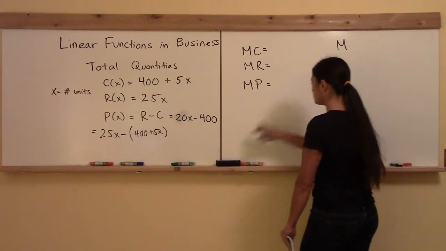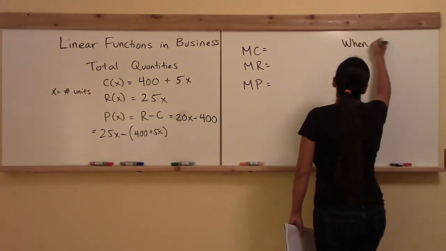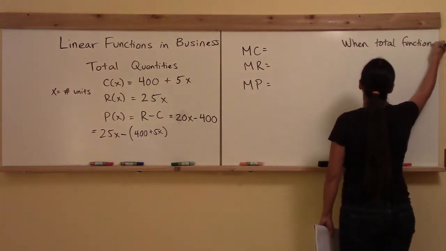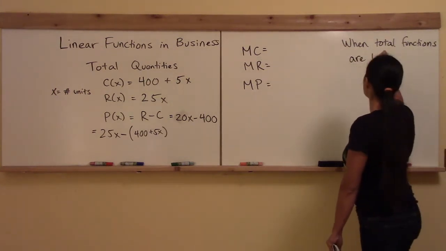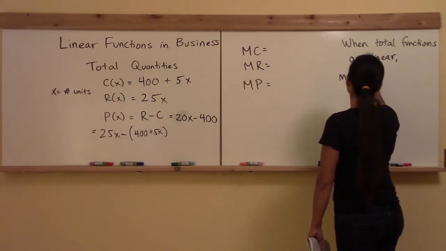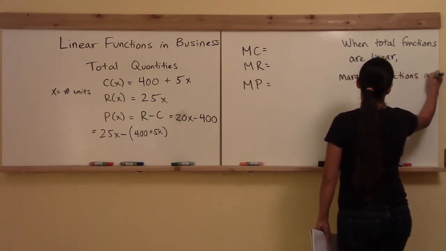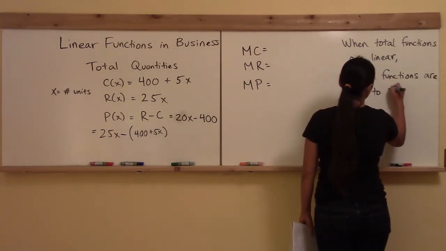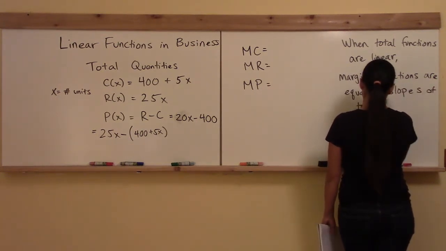When your total function is linear, and by total function I mean any of those total quantities of revenue, cost, or profit, when total functions are linear, the corresponding marginal functions are always equal to the slopes of the total quantities.